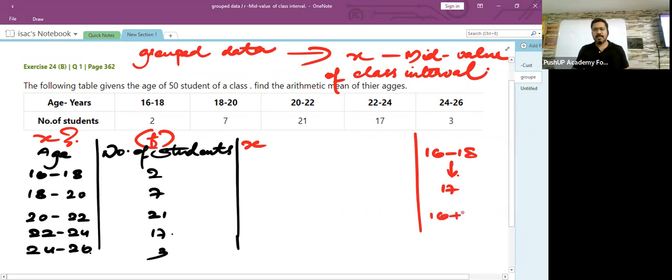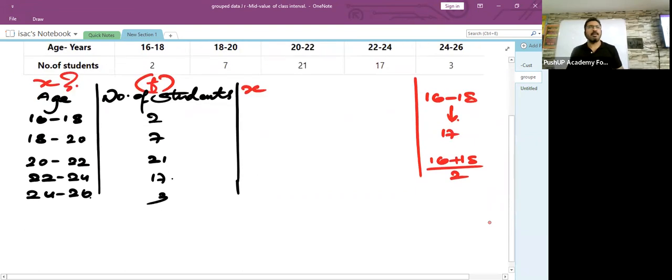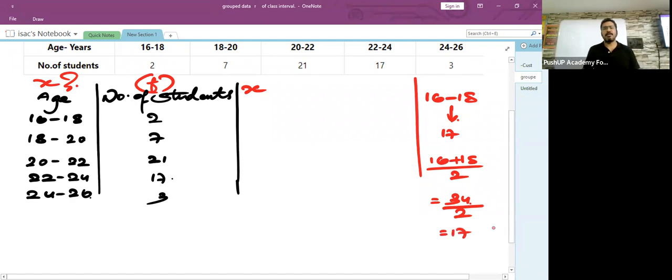Just find the average of the lower limit and the upper limit. Lower limit is 16, upper limit is 18. So 16 plus 18 whole divided by 2. 16 plus 18 is 34. 34 divided by 2 is 17. This is how you get the mid value.